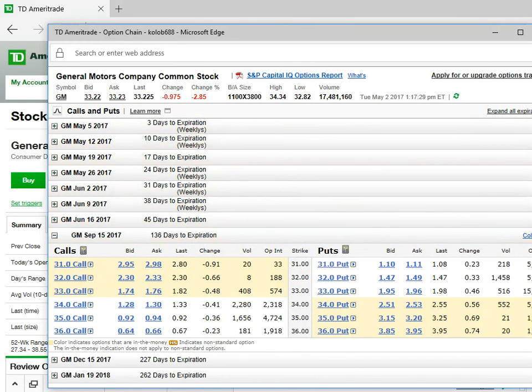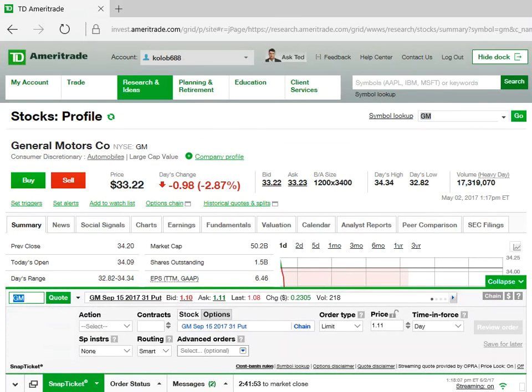Okay, and in the case of a $31 put, put options multiply times 100 shares per contract. 31 times 100 is $3,100, and you are going to sell this put option right here. So you click on that, and again, you're going to click sell to open. You're going to click 1, and you are compensated in the amount of premium.